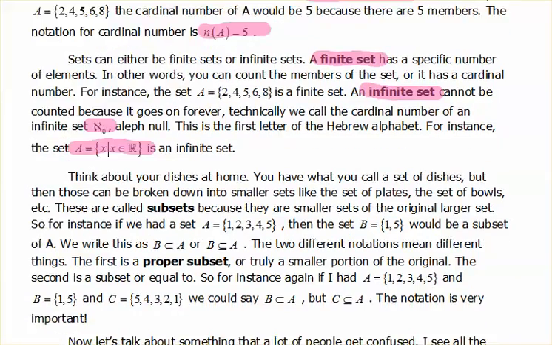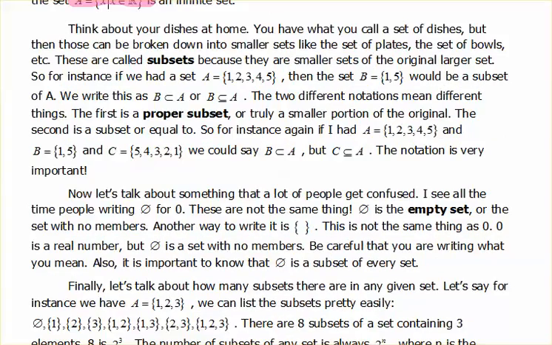All right, so let's think a little bit more about sets here. Think about how everybody has dishes, because everybody has to eat off of something. Think about your dishes at home. You have what you call a set of dishes, but then you can break those down into smaller sets.